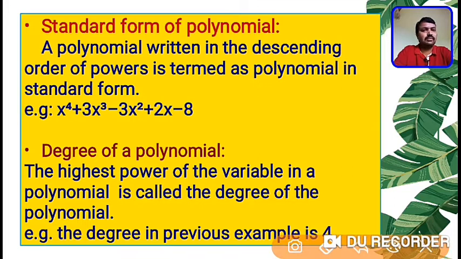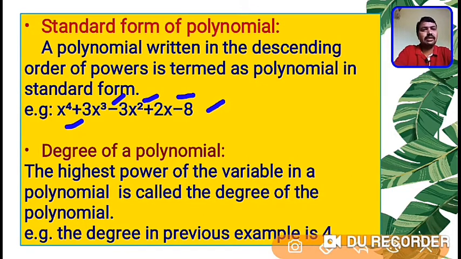Now you can see here the powers of the variable are 4, 3, then 2, then 1 and then 0. That is the reason this polynomial is in standard form. So you have to arrange the powers of a polynomial in descending order, then the polynomial will come in standard form.